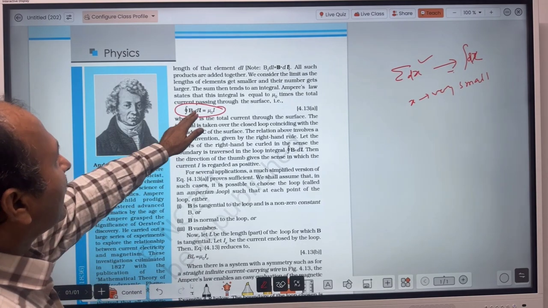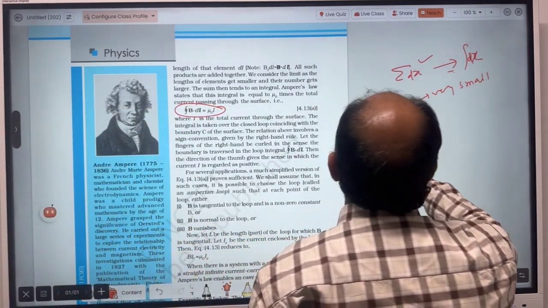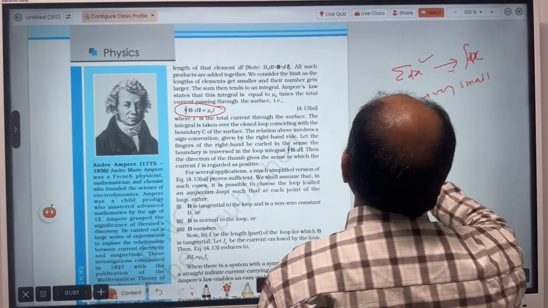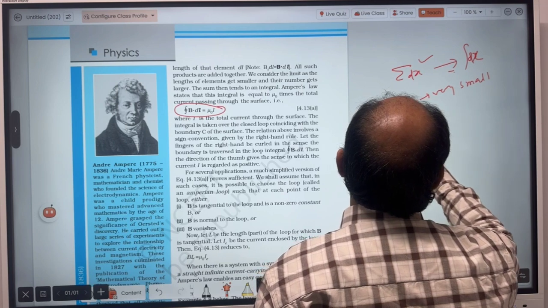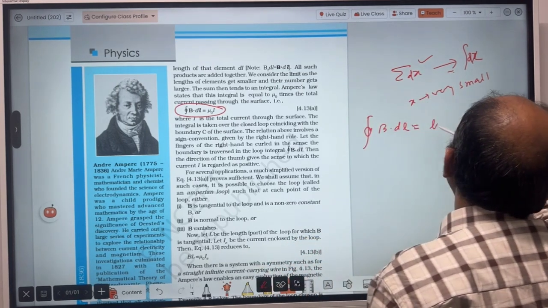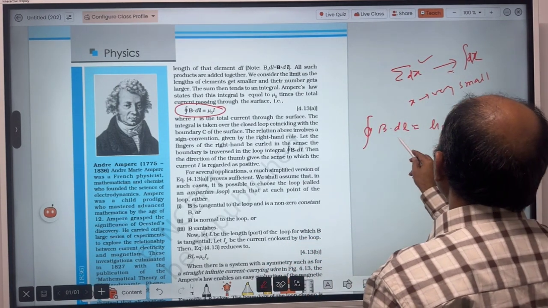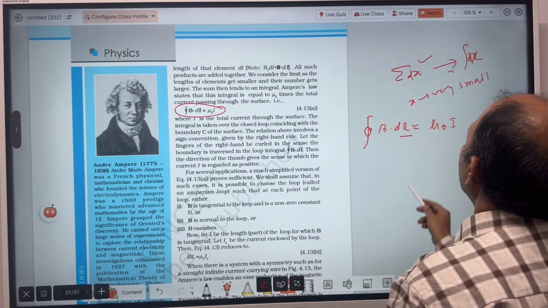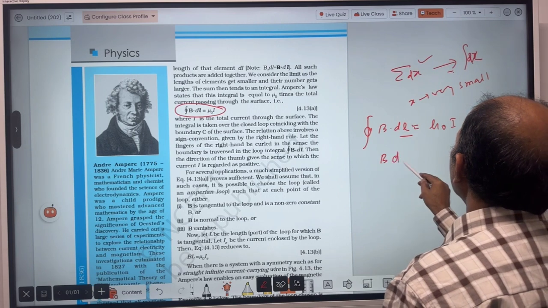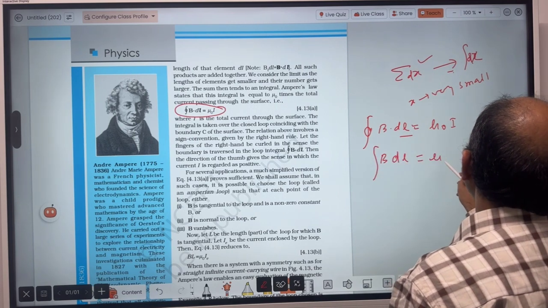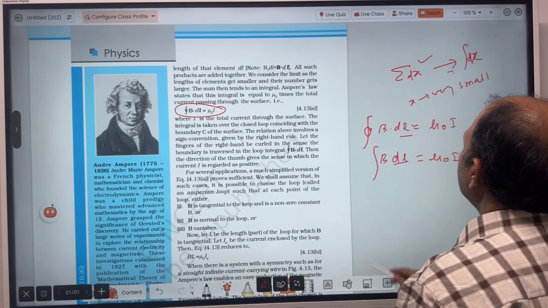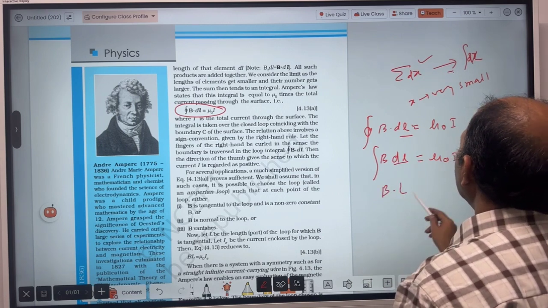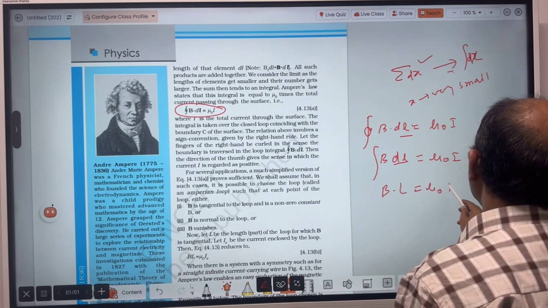And if dl is known, from here we can derive important result. Integration, this is closed integral, means loop should be closed, and B dot dl equal to mu naught I. Here if theta between the two is 0 degree, then B dl integration equal to mu naught I, and dl integration will give length, B into L equal to mu naught I. It depends.